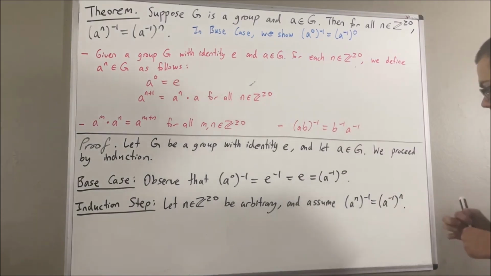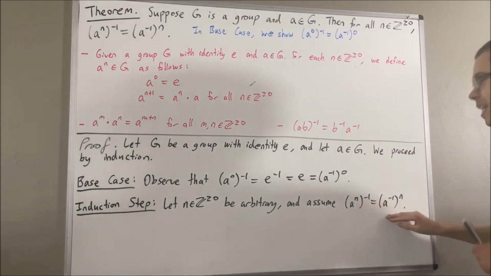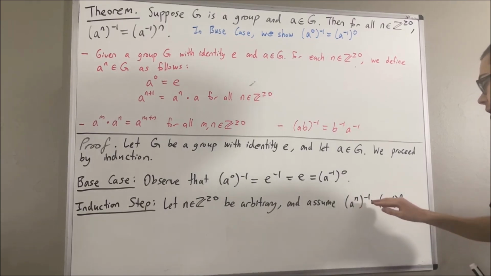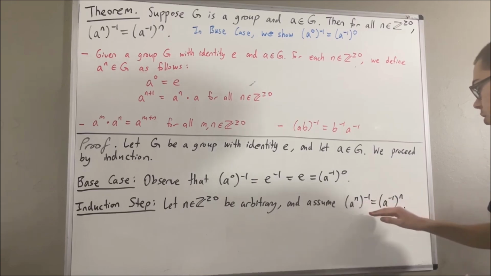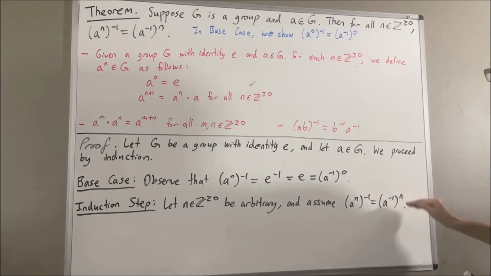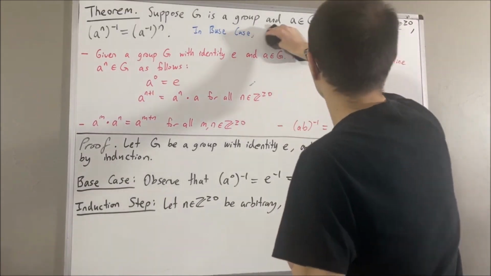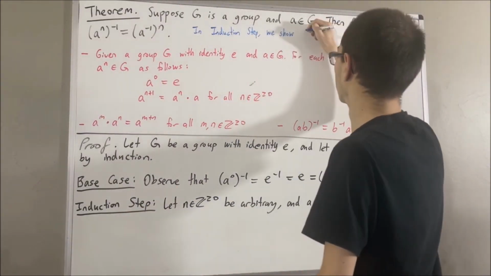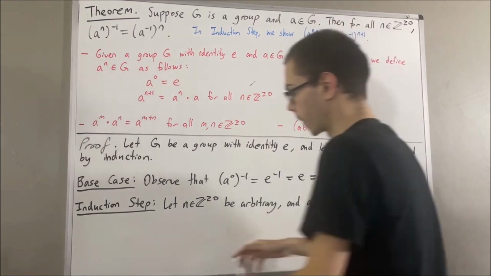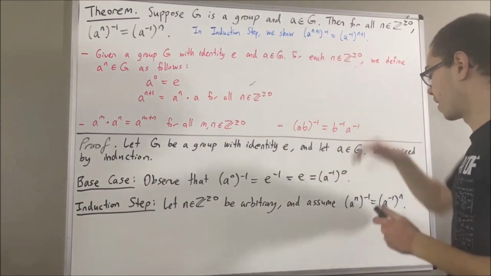The whole goal of the induction step is to show that this equality is also true for n plus 1. In other words, we want to show that the inverse of the element A to the n plus 1 is equal to the inverse of A to the power of n plus 1. So let's start out by writing the left-hand side.